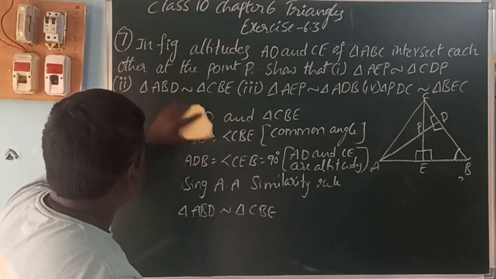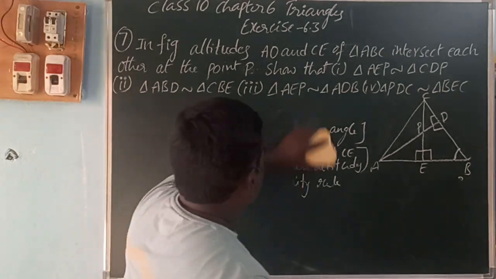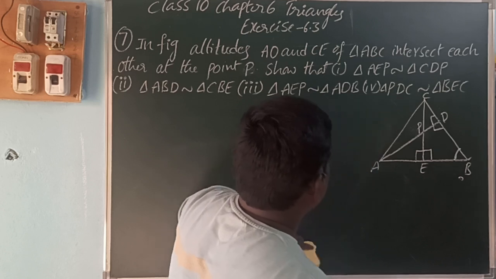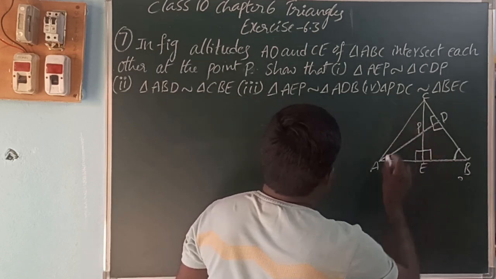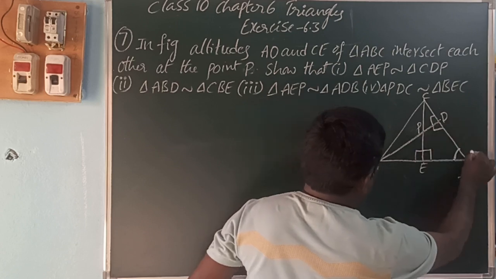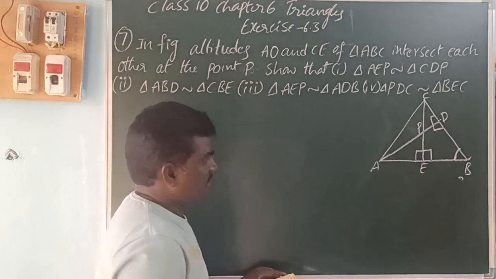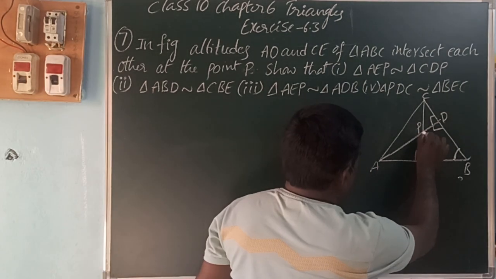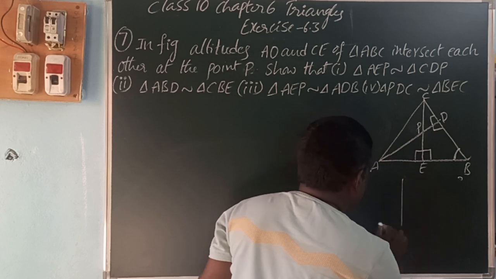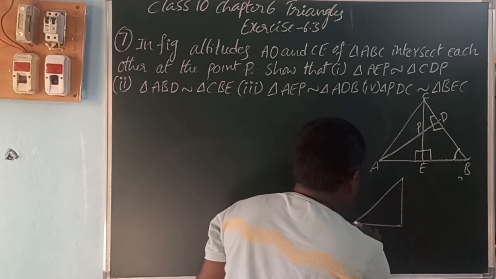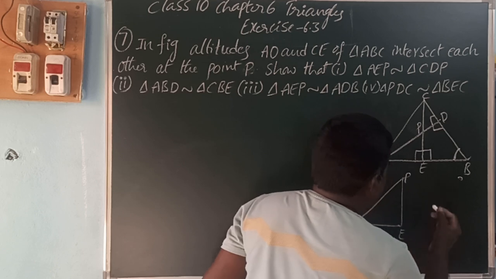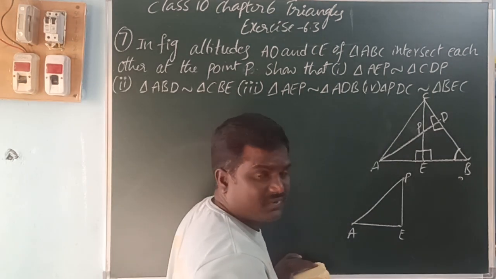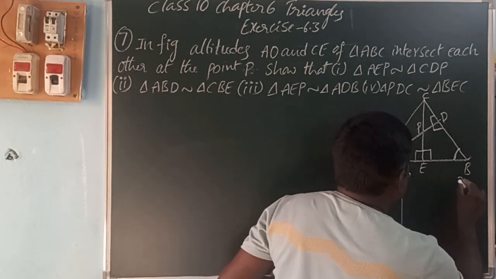Next, third one, AEP is similar with triangle ADB. So here triangle AEP and triangle ADB.